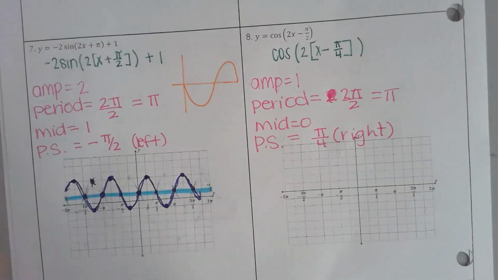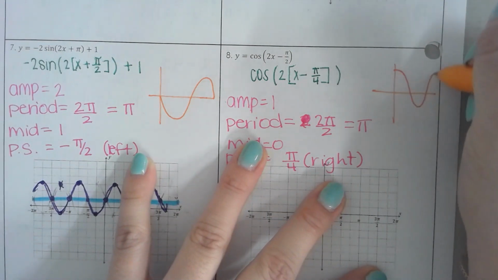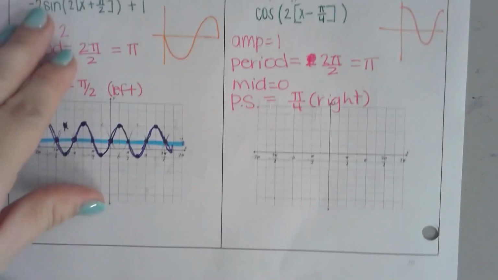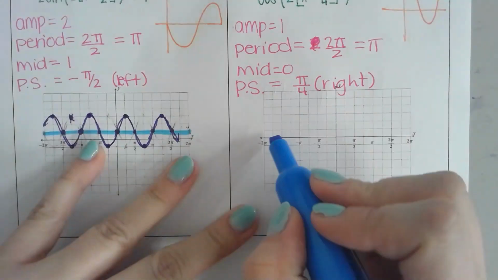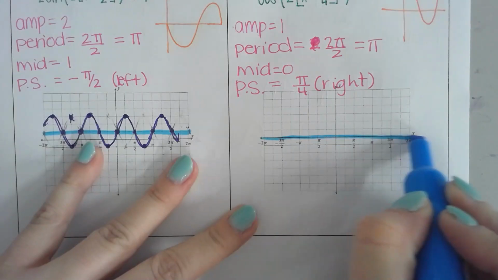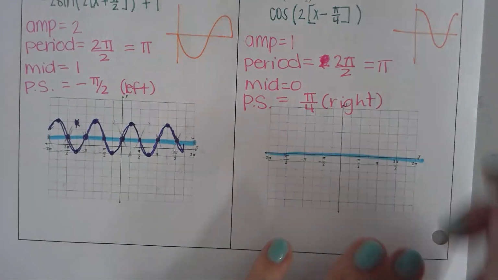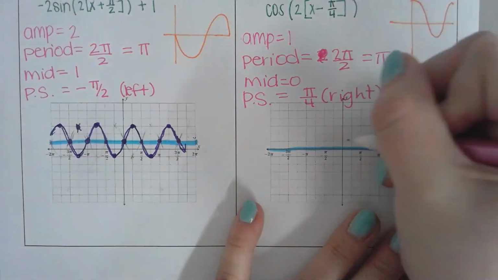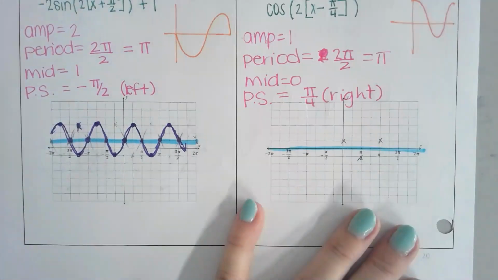And remember, cosine like this. So max, max, min, the midlines are in the middle. So period is pi. So starting and ending is pi. Max, max. Down here's my min.